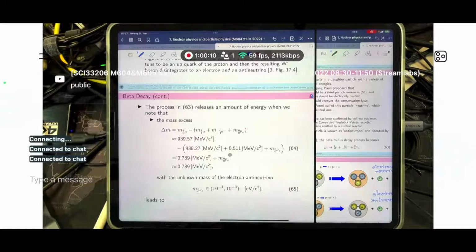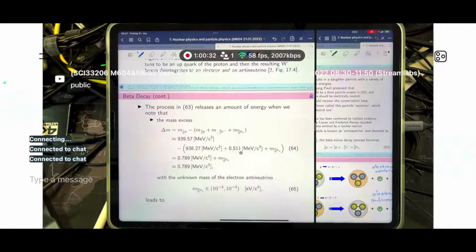Maybe in your generation, when you are 40, 50, or 60 years old, you might be the person who gets the exact value for the mass of the electron antineutrino. Now the people in the physics society believe that the mass of the electron antineutrino is much smaller than the mass of the electron.